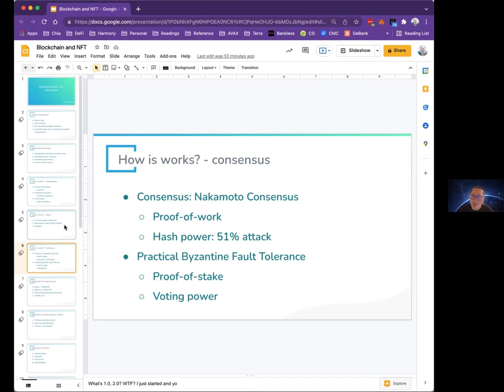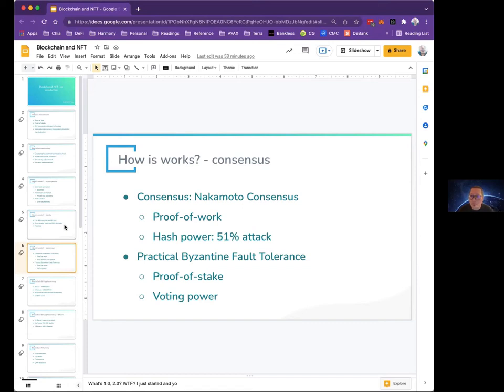There is a newer generation of blockchain technology called proof of stake. Proof of stake is kind of like a voting system. Every node in the network can vote on a certain block to reach consensus. But to vote on those blocks, you have to have a certain stake. Think of an election system: everyone has one ballot, you vote for who is the president, who is the governor, and based on the vote, once you reach a majority, you can agree on the content of the blockchain.